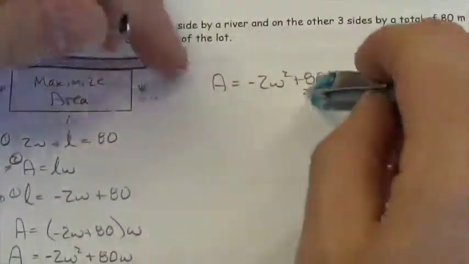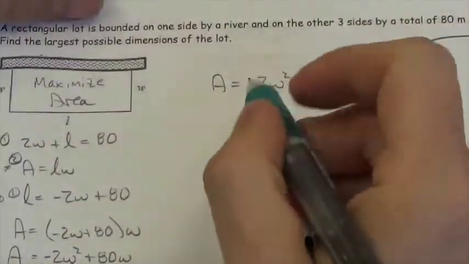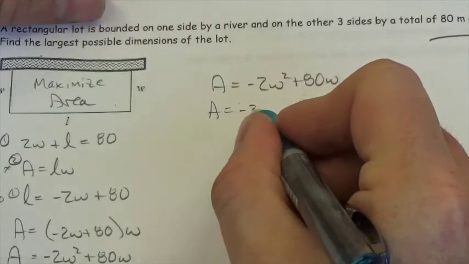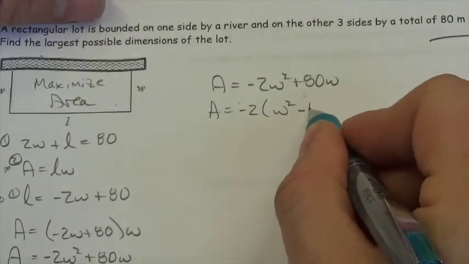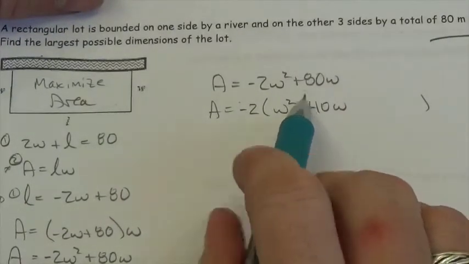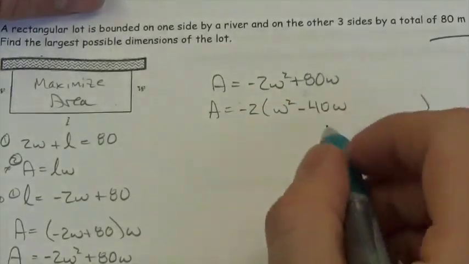I forgot to take out the leading coefficient. Wow, I had just done that completely wrong. The very first thing I need to do is take out that negative 2. That's going to leave me with W squared minus 40W. Just make sure that you're dividing that negative 2 out of the second term as well.